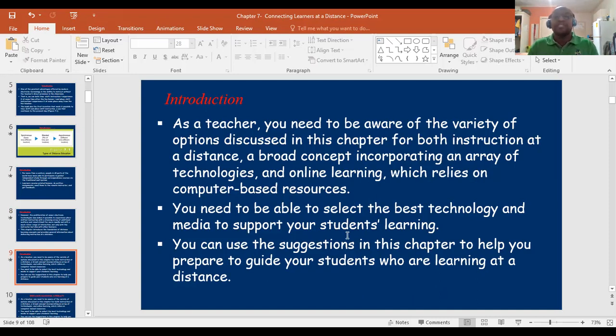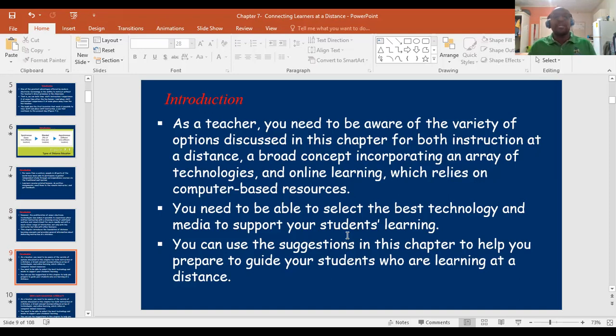So you need to be able to select the best technology and also the media that will support your students' learning. Remember from the onset, we have emphasized that we are not using technology in teaching and learning just for the sake of it. We are using it to enhance student achievement, right?